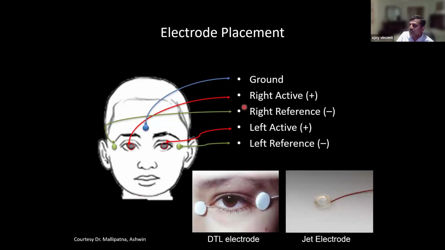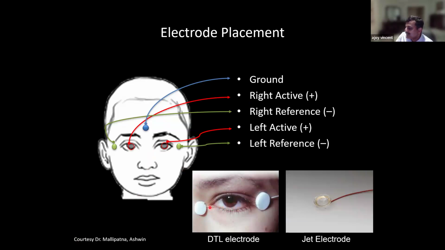So briefly, let's look at where the electrodes are placed. The active electrode, as for any procedure, is placed as close as possible to the target organ. In our case, we can either place lower conjunctival thread electrodes.